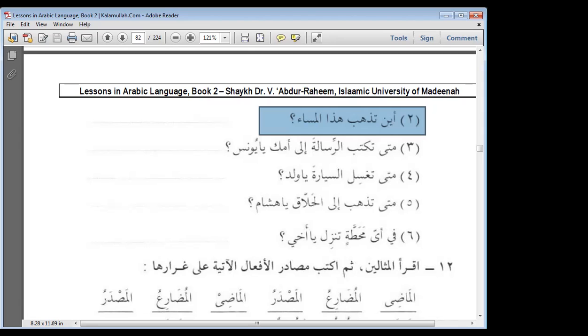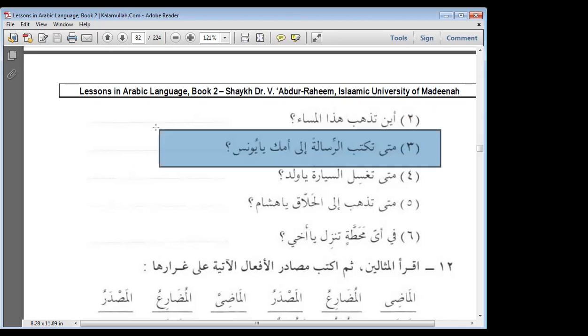You have to say I will go. Speaking about yourself, all right? So you have to change ta to ta hamza with a fatha, okay? So we say adhabu, and then you add the sin in front of it, sa adhabu, all right? So the answer is sa adhabu ila al masjidi. I will go to the masjid. Sent. Next one.